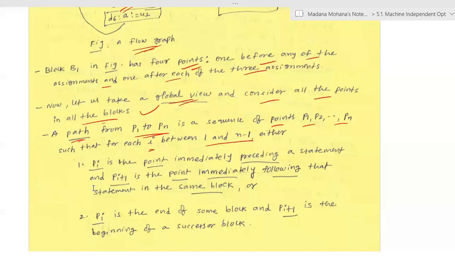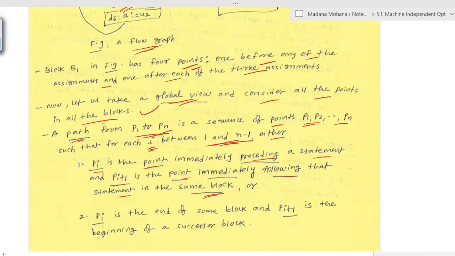Now let us see, there are 2 possibilities. A path from P1 to Pn is a sequence of points such that for each i between 1 and n minus 1, either the first: Pi is the point immediately preceding a statement, and Pi plus 1 is the point immediately following that statement in the same block.